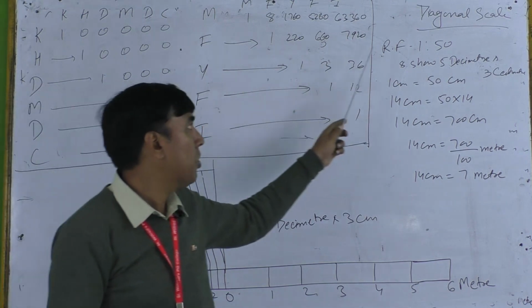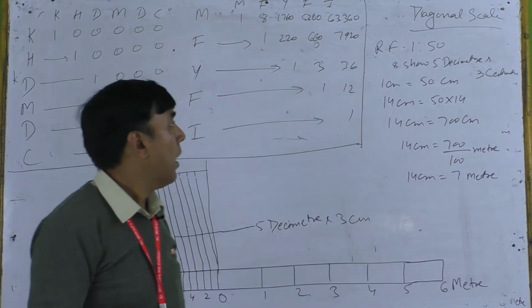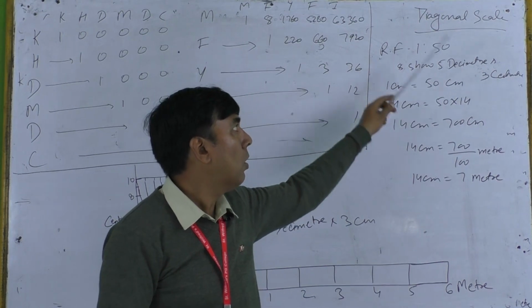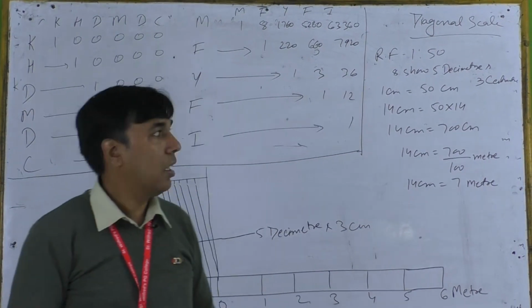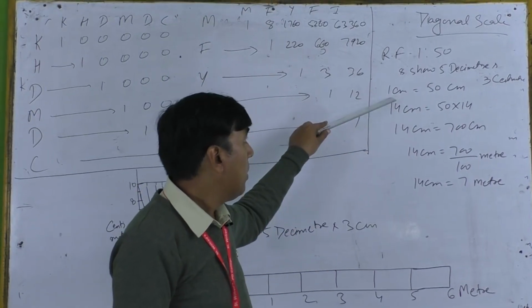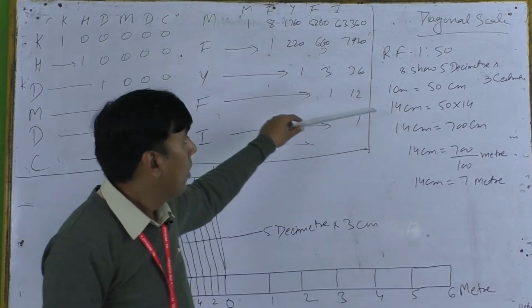So suppose the question is RF is 1:50 and show 5 decimeters and 3 centimeters on a diagonal scale. So what will we do? We will take 1 centimeter equal to 50 centimeters.